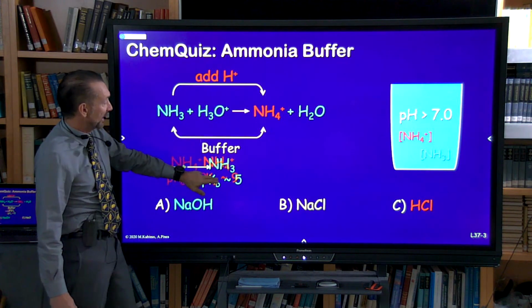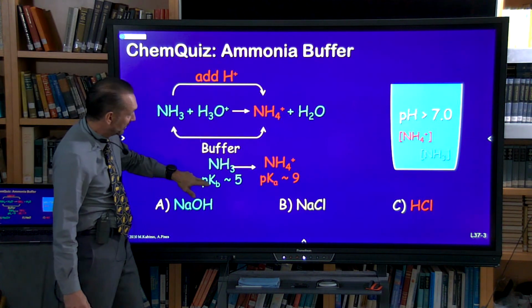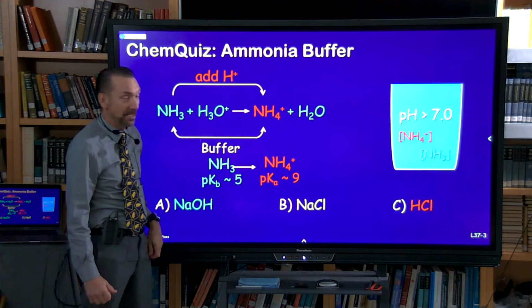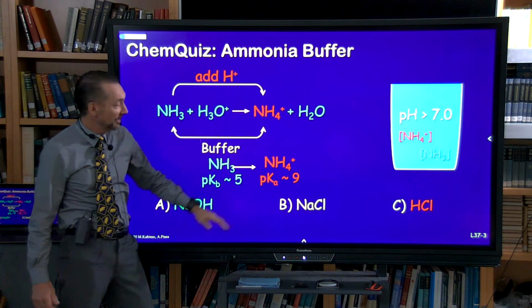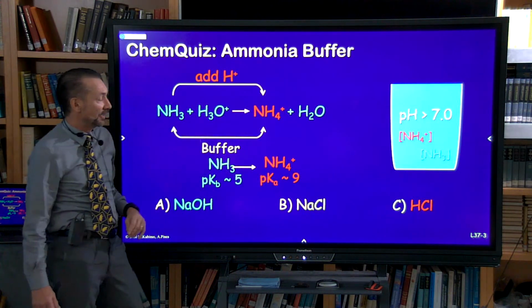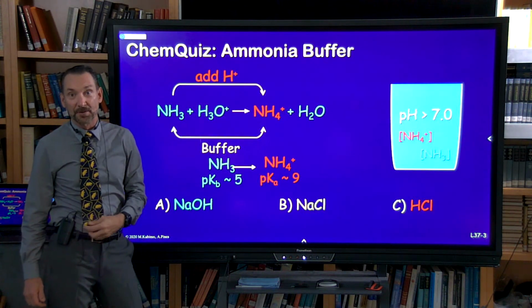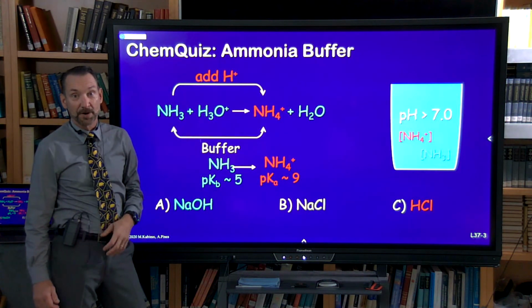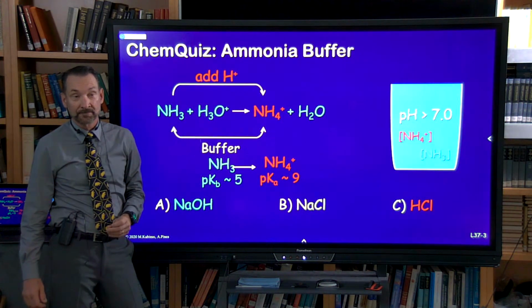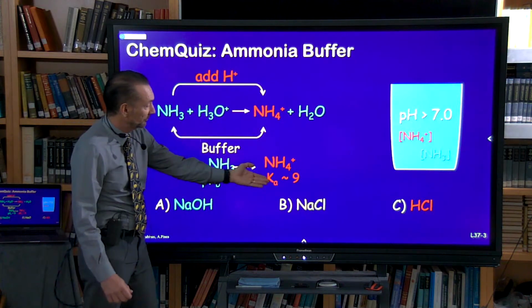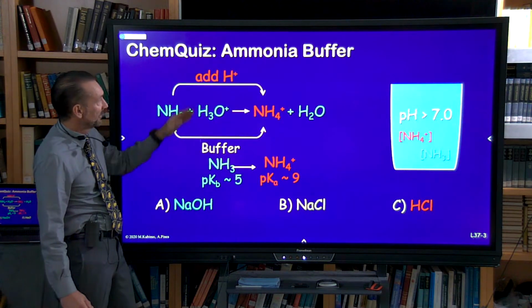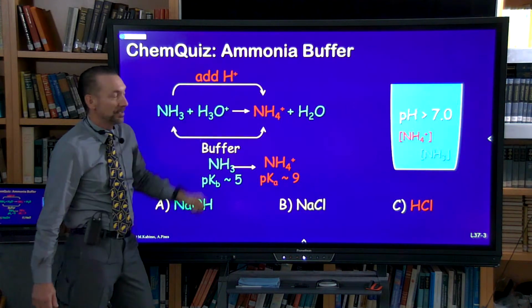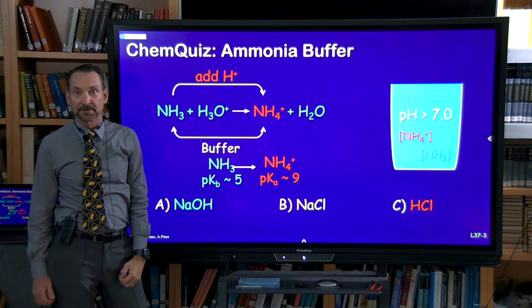You can get the pKa of the weak acid from the pKb of the base, because the pKb of the base plus the pKa of the acid have to equal 14. So the pKa of the weak acid is around 9, and that's where it will have its first buffer region. So that buffers around pH 9. To get it, we add ammonia and then acid to get those two things in equal concentrations.